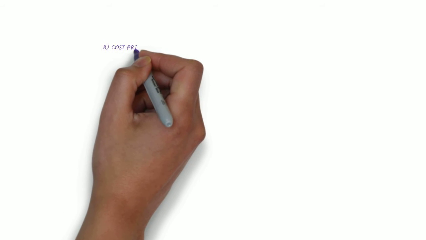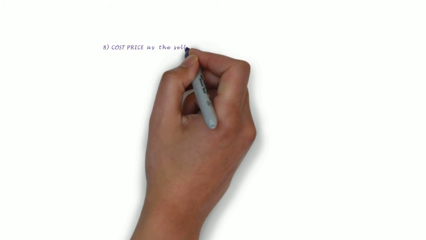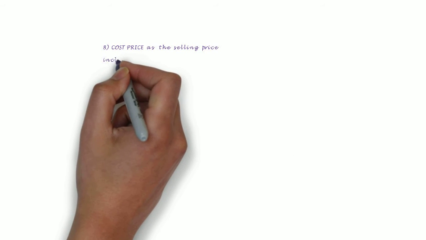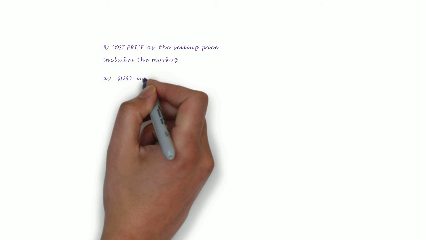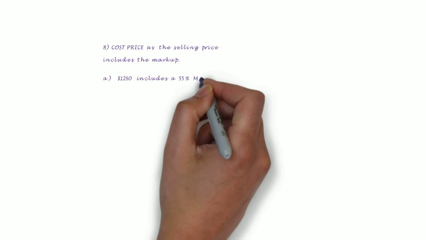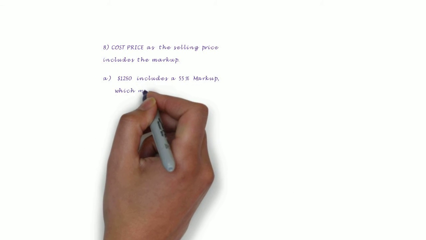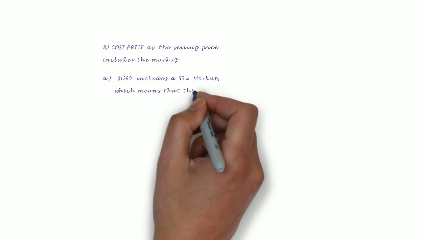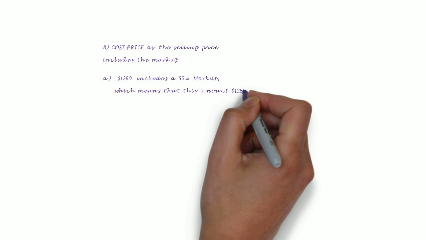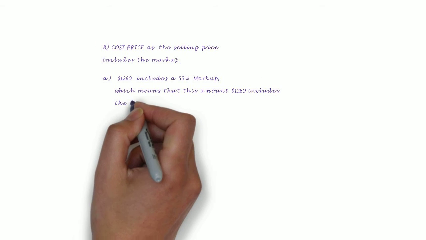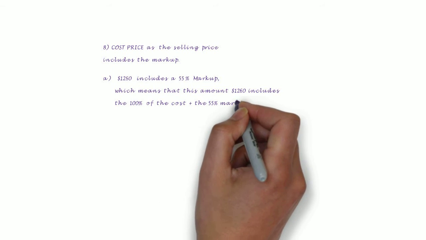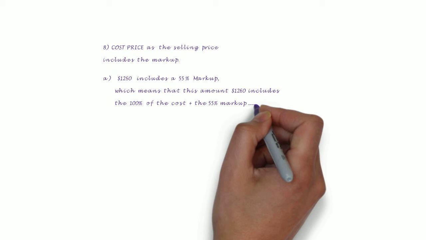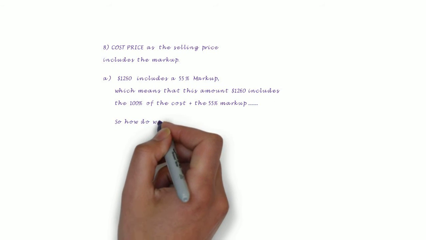Let's move on and have a look at the next one I want to look at, which is question 8. So the cost price, this is part A, the selling price is $1,260, which includes a markup of 55%. What does this mean? It means 1,260 includes 1.55, that is 100% plus the 55%. So how will we calculate this? The simplest and best way to do this is to use the inverse.